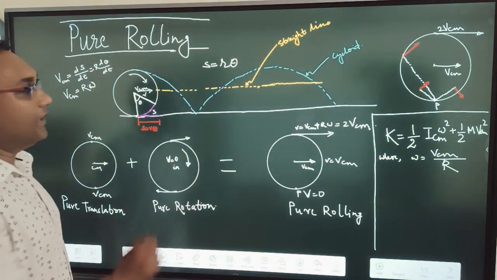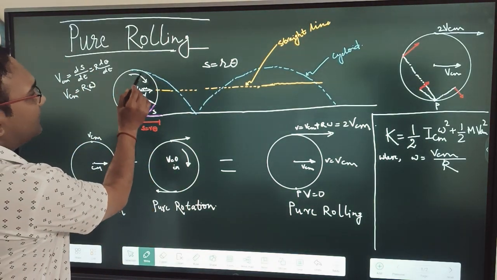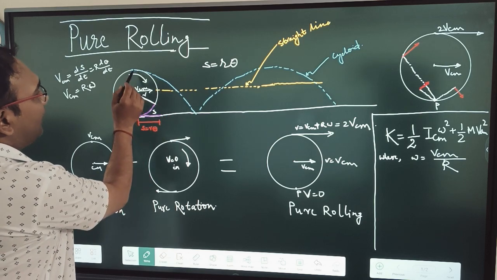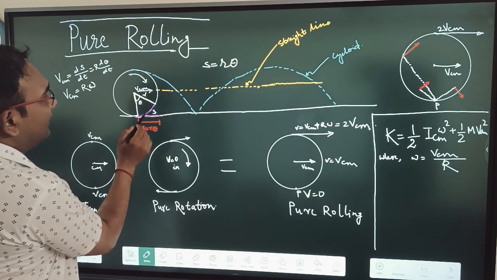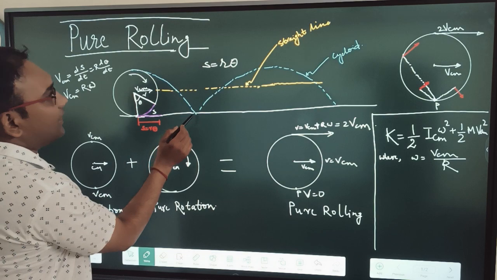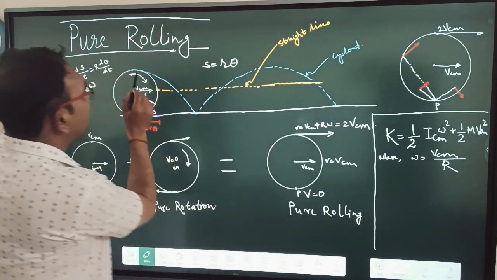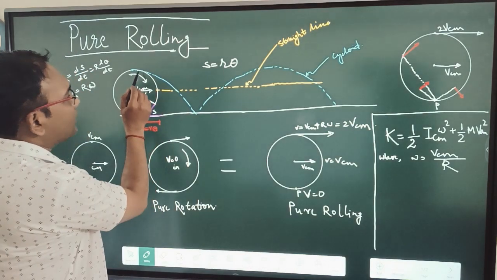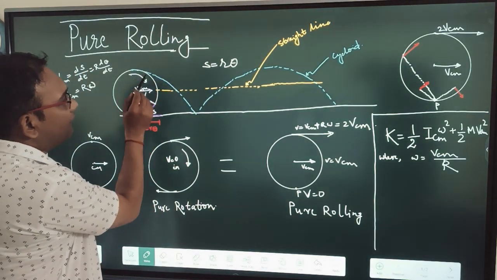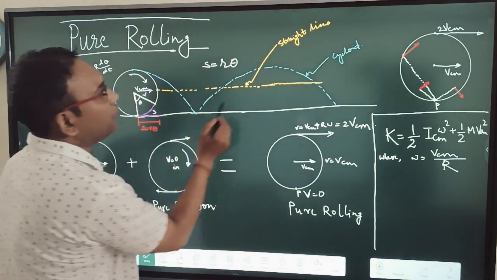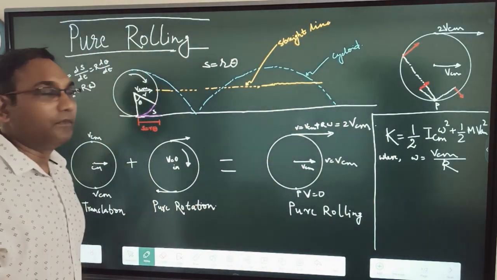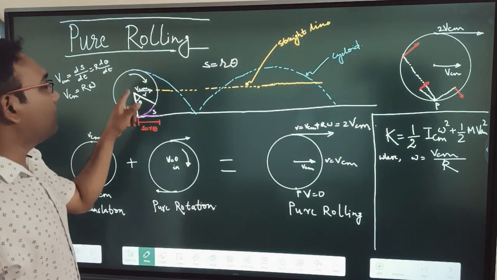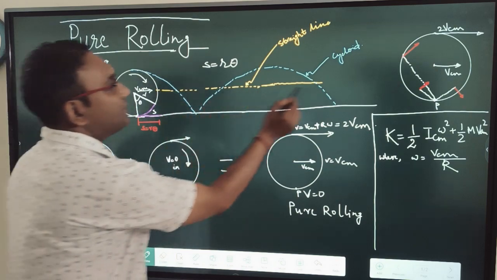If you look at this blue diagram, the outer point of this circle is moving in a cycloid fashion. This point is going down, then it is going up. If you watch carefully and take a video of this point, it moves in a cycloid motion, whereas the center of mass is moving in a straight line.